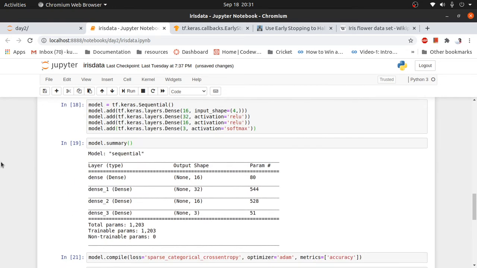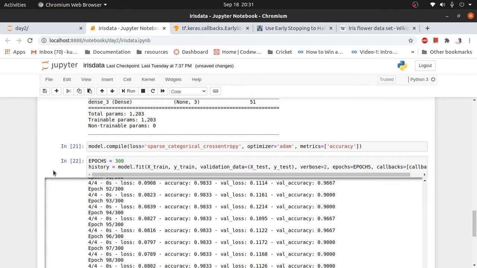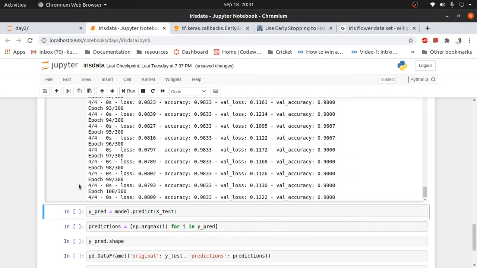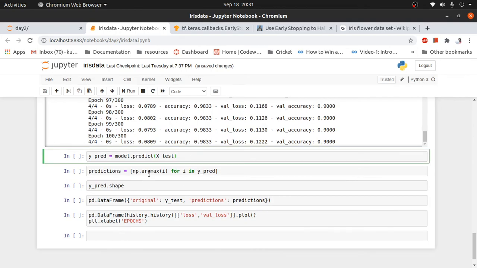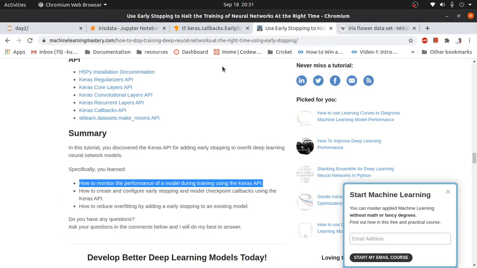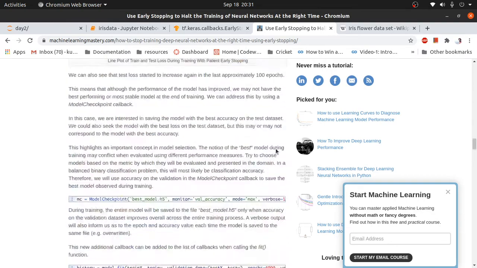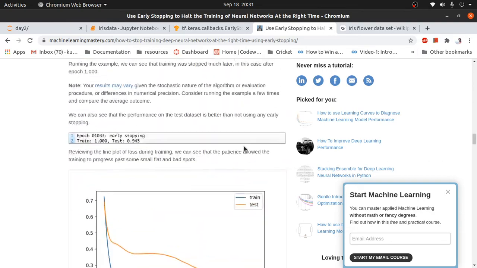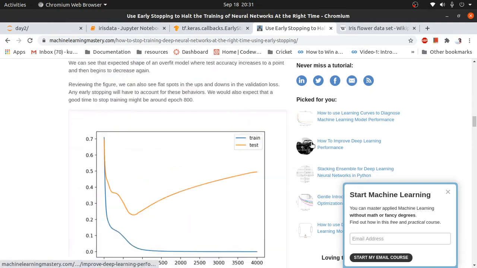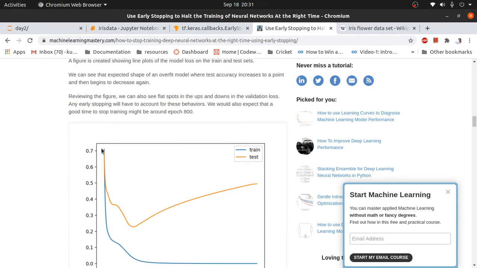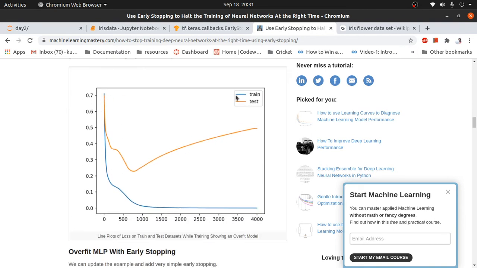So that's why early stopping is a good way to prevent overfitting. What do I mean by that? Let me first of all show you. I think in this article it is given. Here we can see the loss in the training set is decreasing, decreasing. But on the test set it is performing poorly.